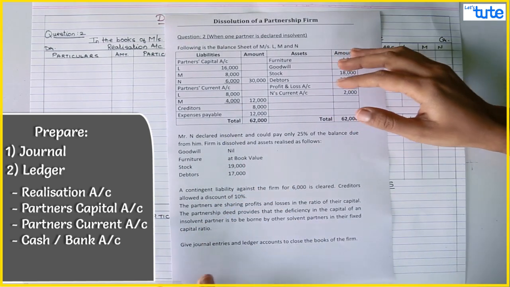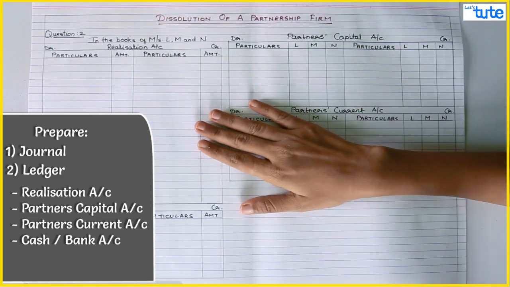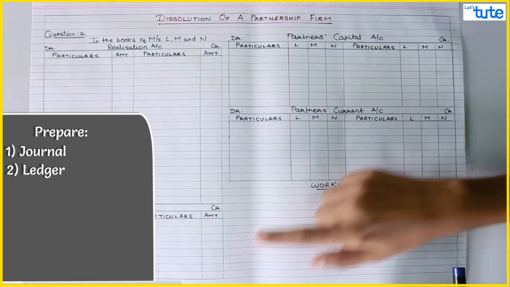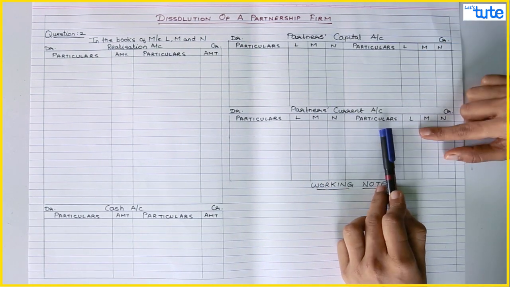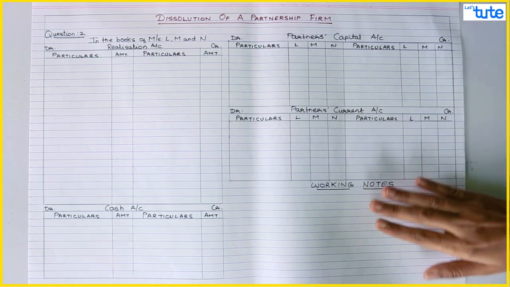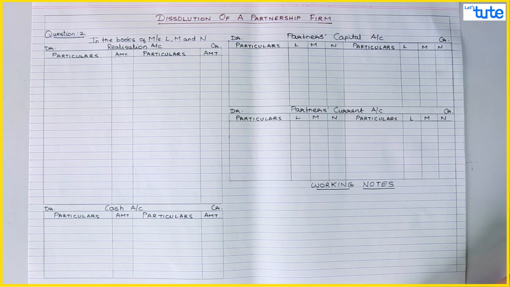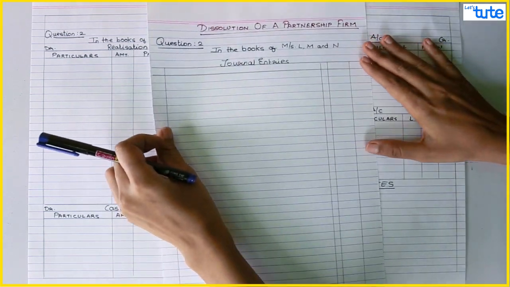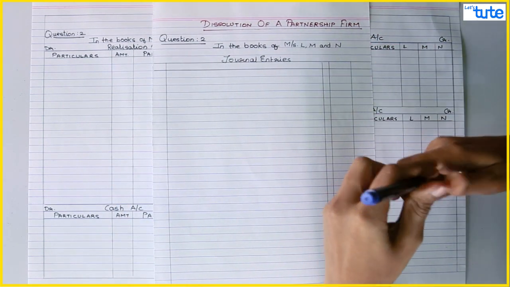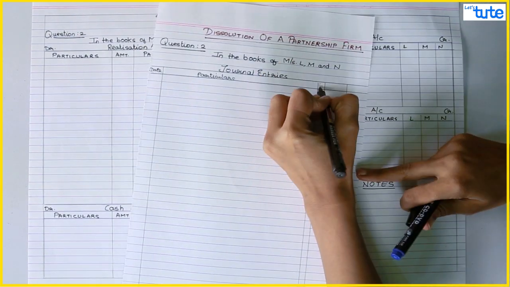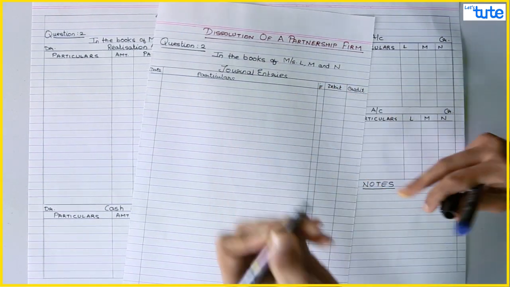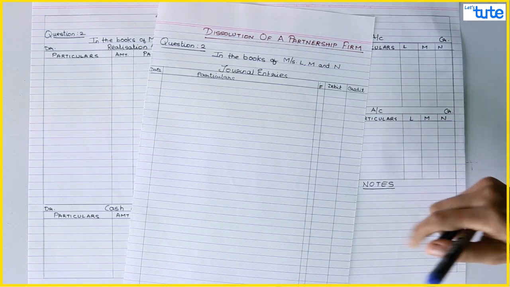So these are our ledger accounts: realization account, cash account, partners capital account for 3 partners, and partners current account for 3 partners, and any working notes. We will also prepare journal entries with date, particulars, LF, debit, credit. So we will do journal and ledger simultaneously.